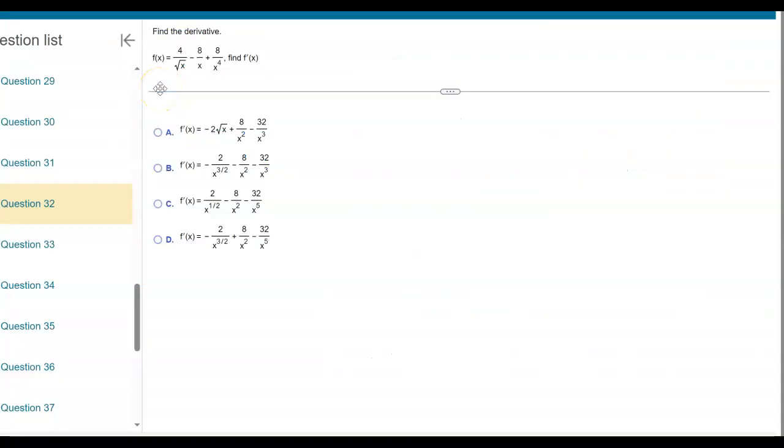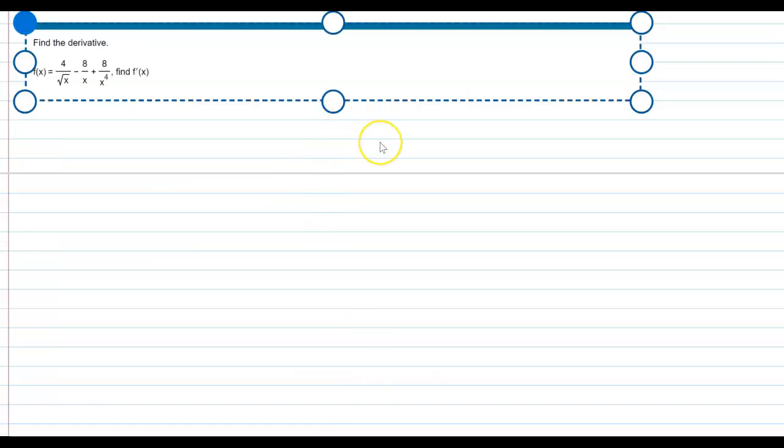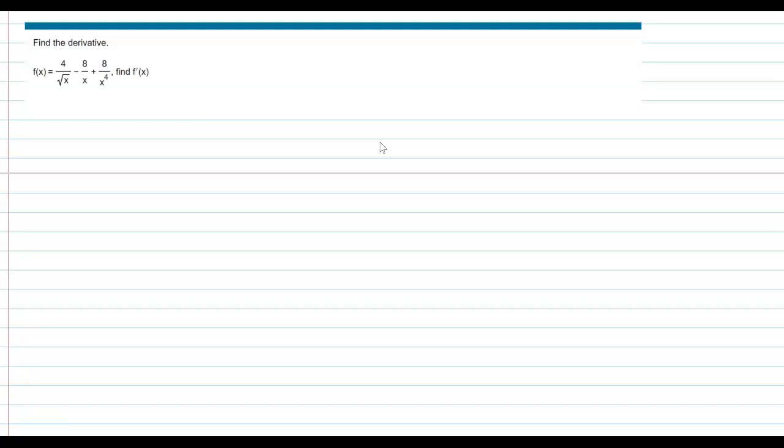All right, let's consider this question here. We are asked to find the derivative of this function. So to find the derivative of this, we will have to write this in a form where we already know what the derivative is, so in a form where we have a formula.